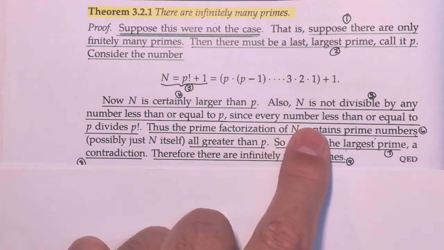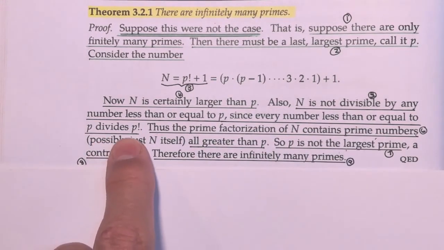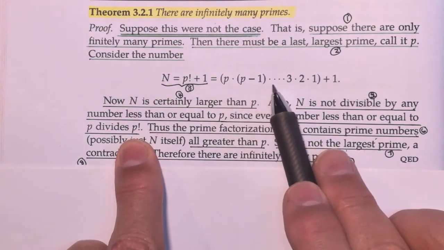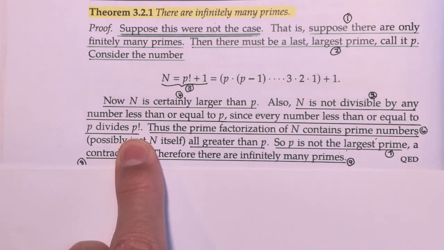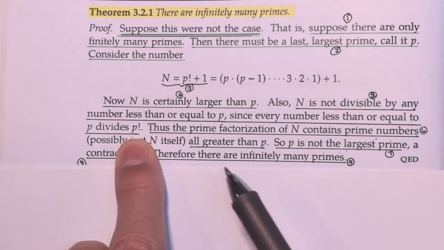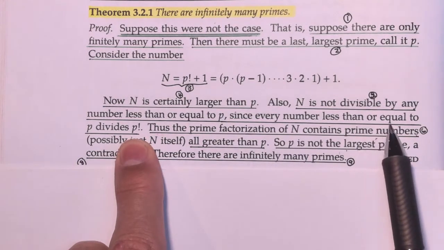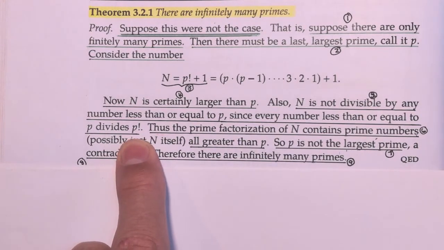Okay, so since every number less than or equal to p divides p factorial, why is that the case? Because that's by definition what p factorial is. Okay, so every number, let's read that again. Every number, since every number is less than or equal to p, it divides p factorial. It's because of the way we define p factorial.